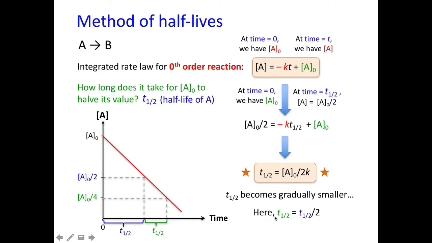So in this case, the new t half is equal to the previous one divided by 2. If you sequentially take points, the new concentration is the previous one divided by 2. So you keep decreasing the concentration by a factor of 2.